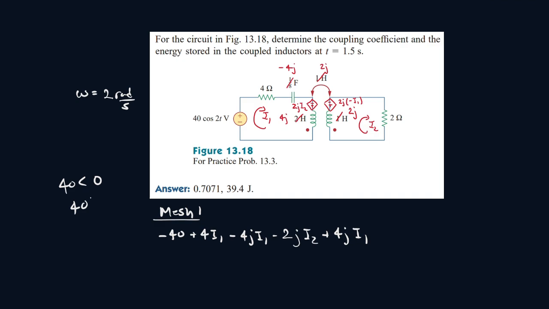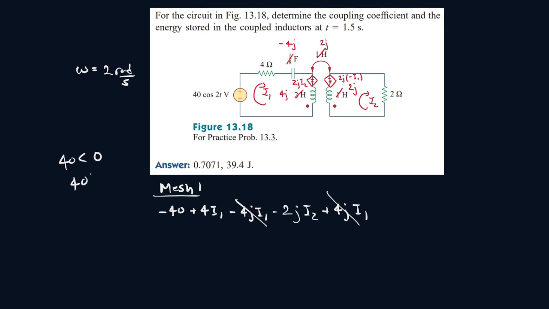So we see this one and this one cancel each other out. So this is pretty much minus 40 plus 4I1 minus 2J I2. Let's bring the 40 to the other side. And, okay, let's also divide by 2. So this is 2, this becomes 1, this becomes 20.